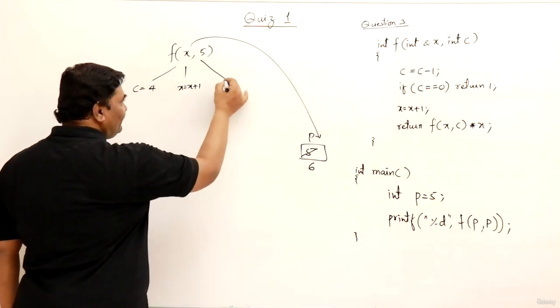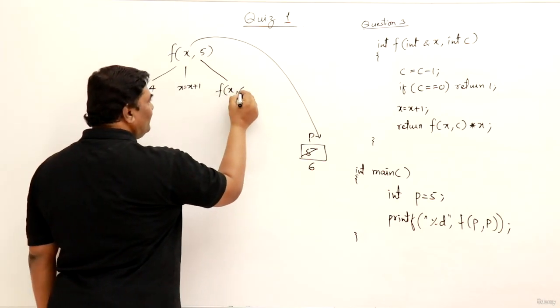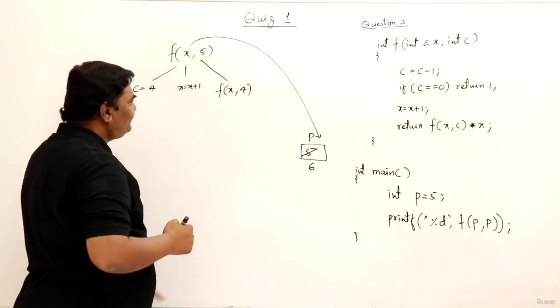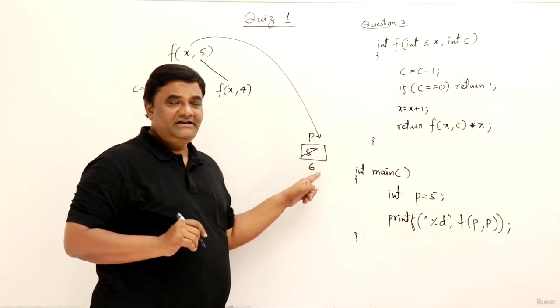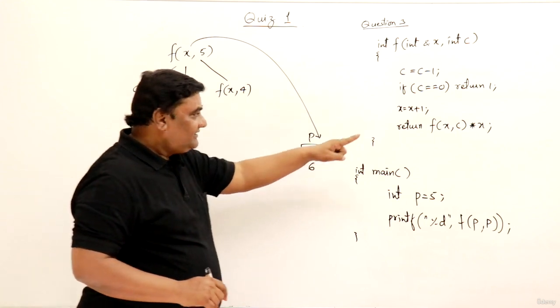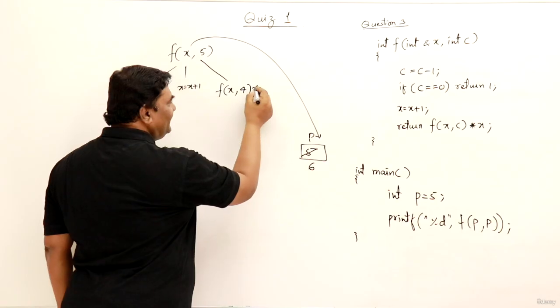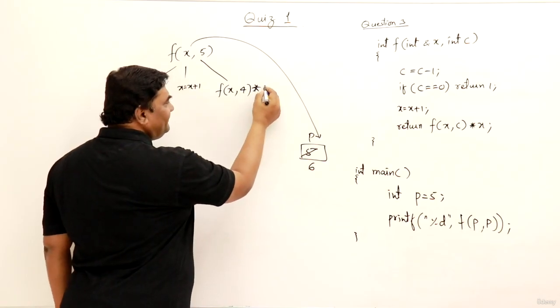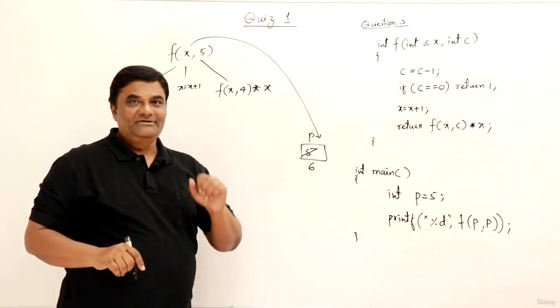Call again itself by passing f of x comma c. c is what? 4. Then why am I writing x? Because that x is nothing but a reference to this p. Every time when I say x, I will come here. Okay. Then into x is there. So I will keep it as it is. I will not take the value and multiply because it will not be multiplied right now. When the multiplication will be done, at returning time it will be done.